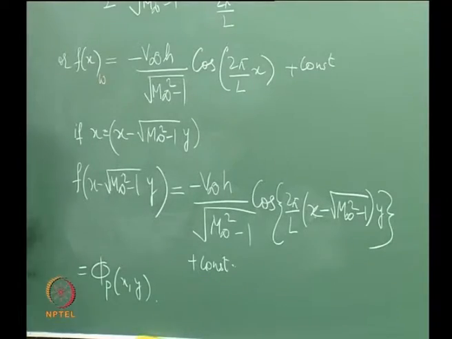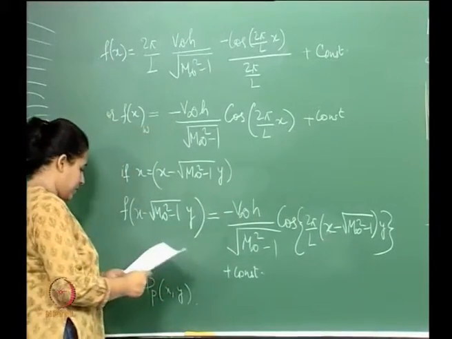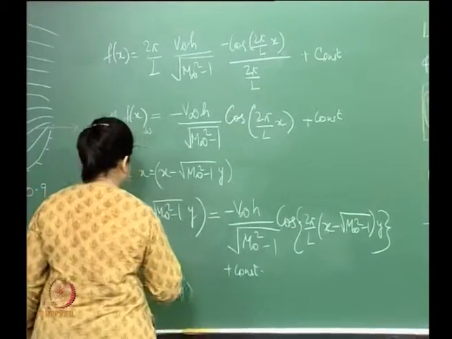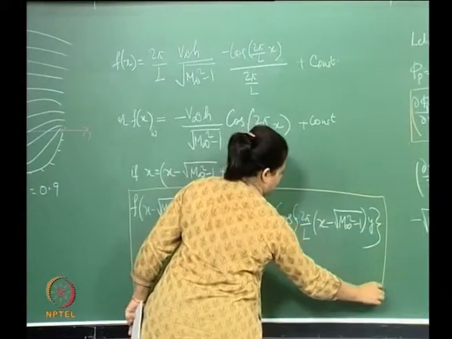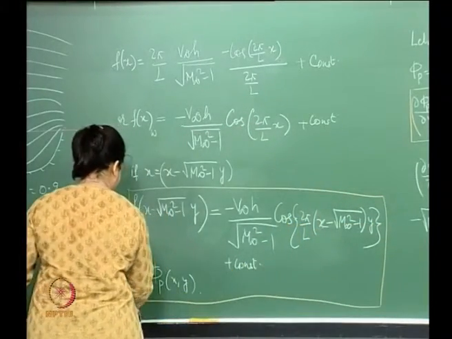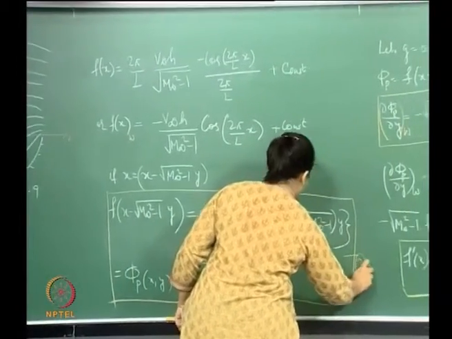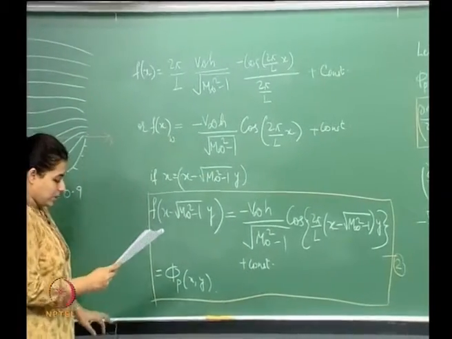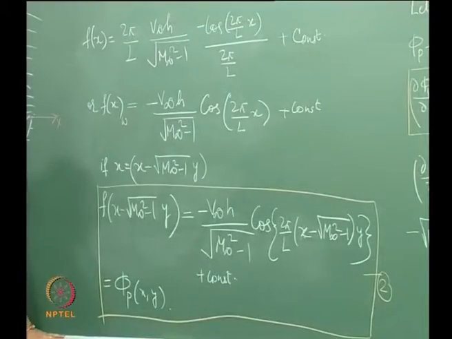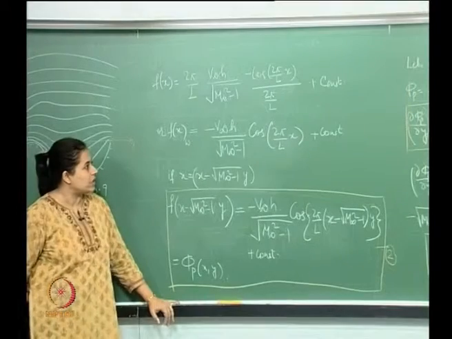So now this is what it looks like. Let's box this, and let's call this say 2. Now that we have done this, we basically found an expression for the velocity potential here.